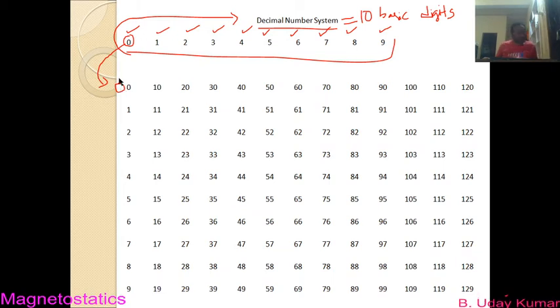So what are the combinations that you get now? With 0 the combinations will be 00 and 01. Remember, this is my 0, the first digit that I have taken. So the combinations become 00, 01, 02, 03, and so on. It continues 04, 05, 06, 07, 08, and 09.